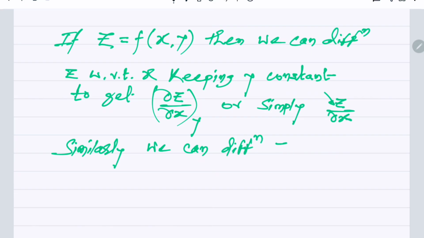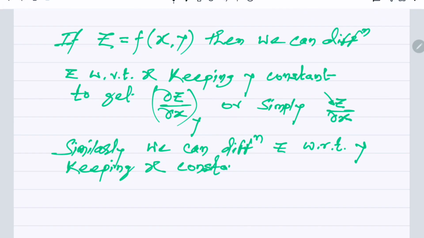And second, when we have a function of more than one independent variable, 2, 3 like this, then the derivative is called as a partial derivative. This is the basic difference between ordinary and partial differentiation.